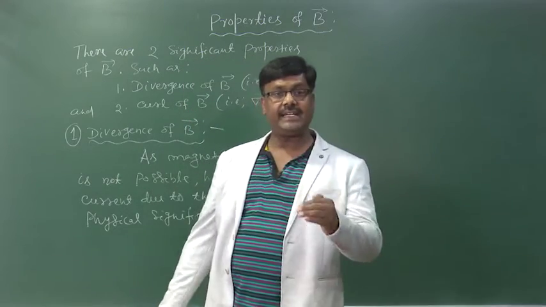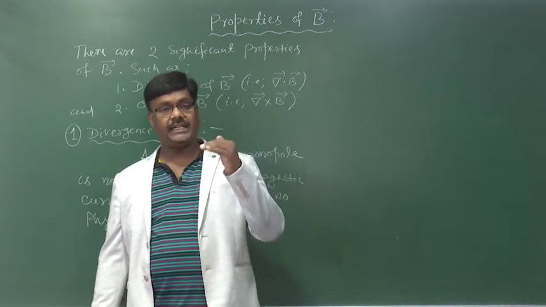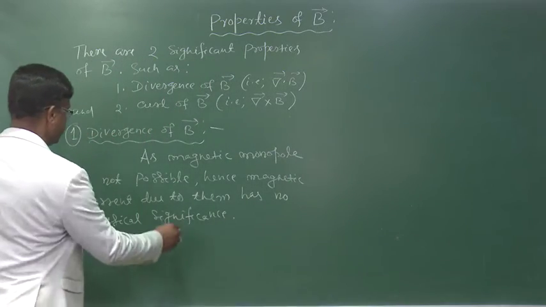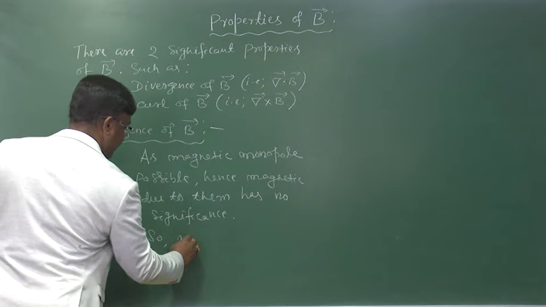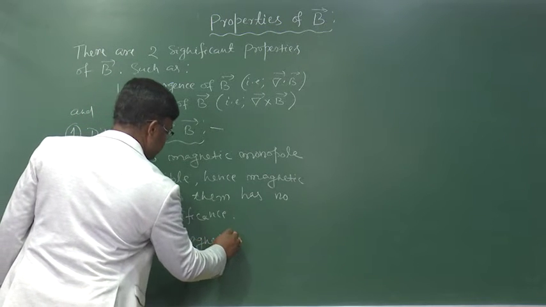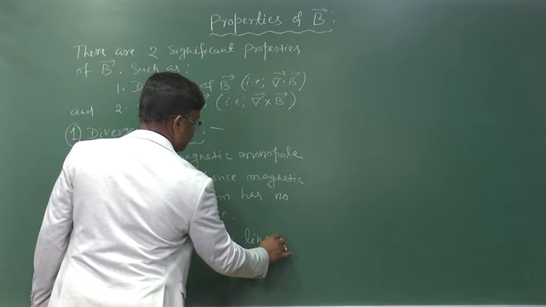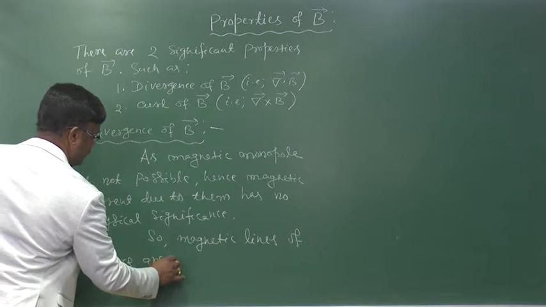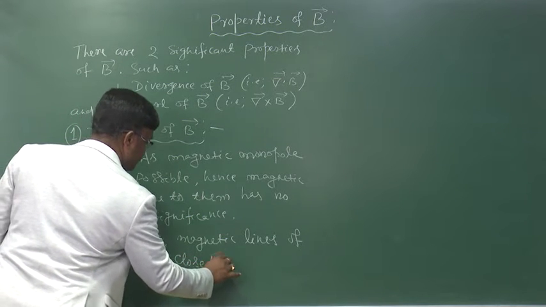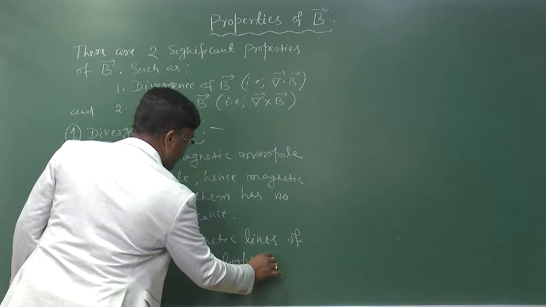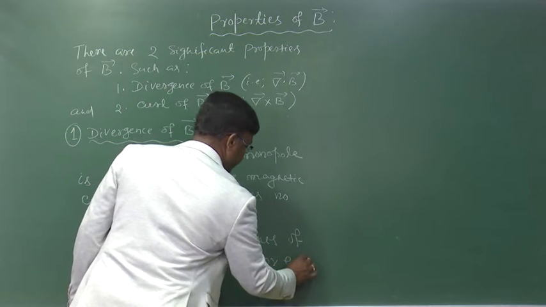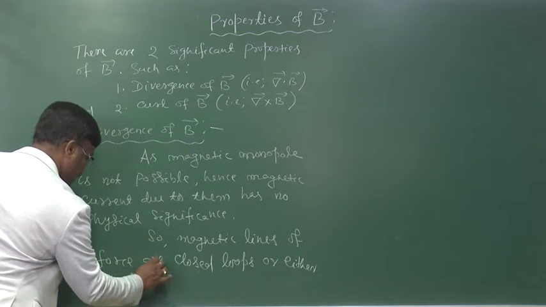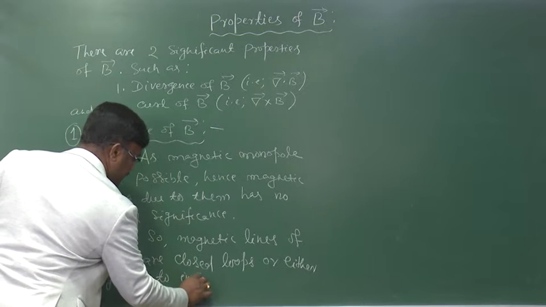So, magnetic lines of force are either closed loops or go up to infinity.